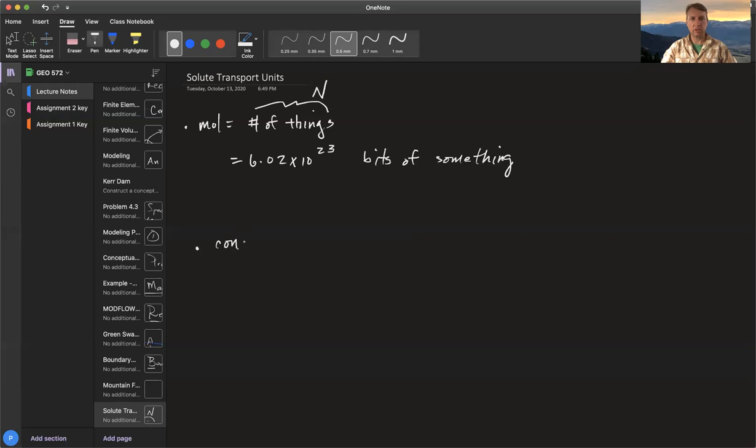The next thing we're going to talk about is concentration. All right, and concentration is the amount of solute. Right, and solute is the stuff dissolved inside a solvent.